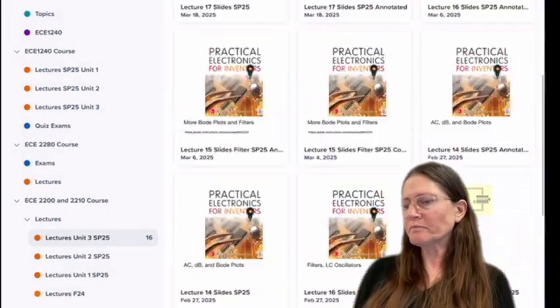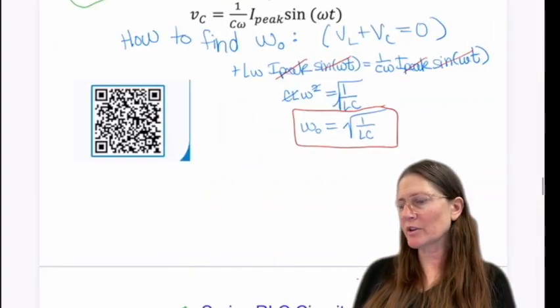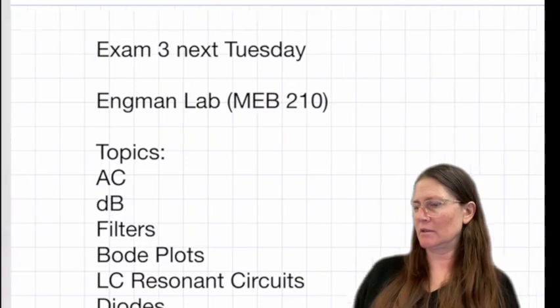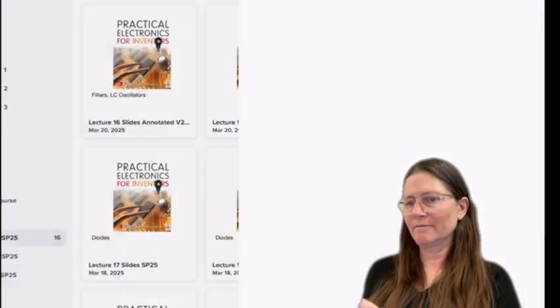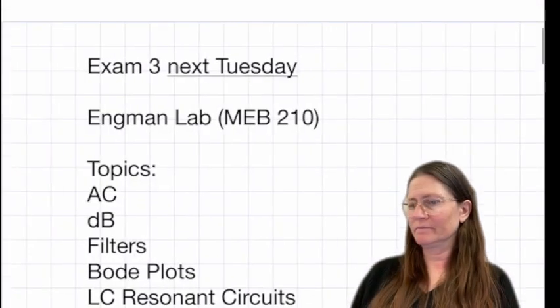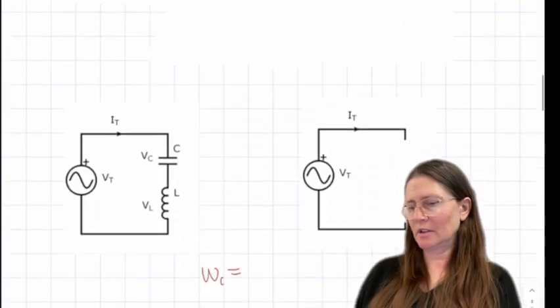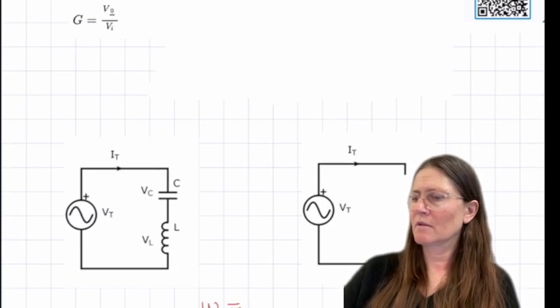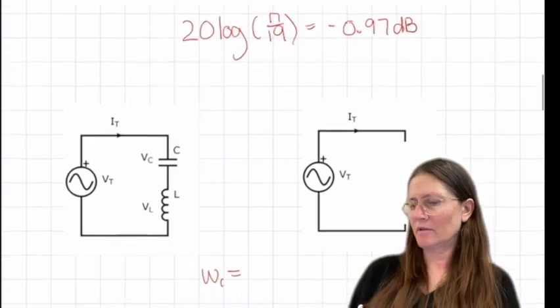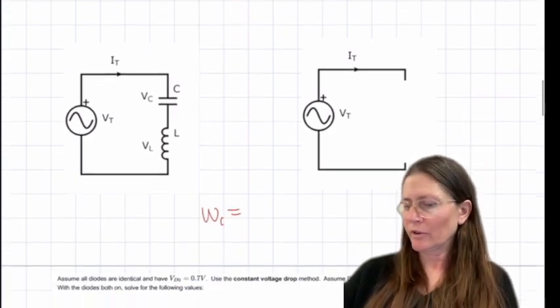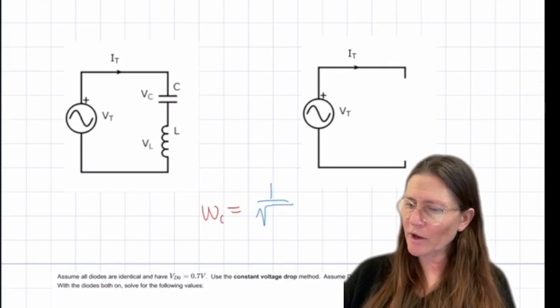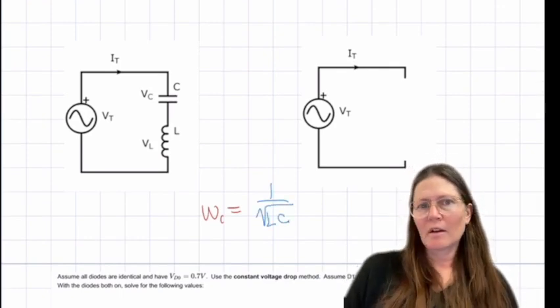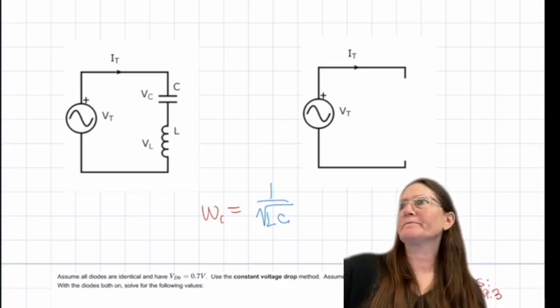So for this one, in this case, 1 over the square root of LC, whatever those values would be.